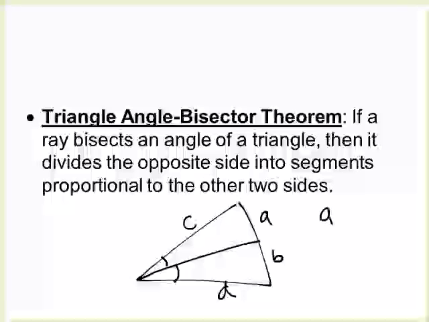So we could set up broken piece over broken piece equals whole side over whole side, and we just want to make sure that we do it so that stuff matches up. So since A was the top broken piece, we would go with the top full side. And B is the bottom broken piece, so then D is the bottom full side. Okay? Questions on that theorem?